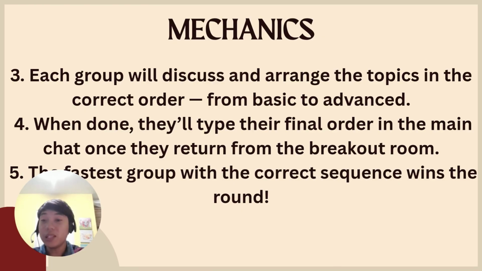Each group will discuss and arrange the topics in the correct order from basic to advanced. When done, they'll type their final order in the main chat once they return from the breakout room. The fastest group with the correct sequence wins the round.